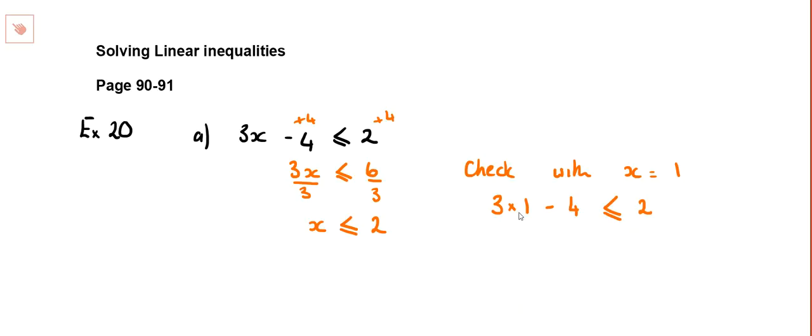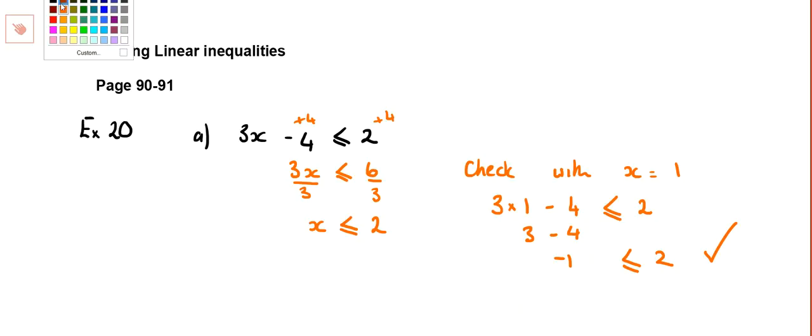It should do. So 3 minus 4, well that's minus 1. Is it less than or equal to 2? Yes it is, I'm fine. Like I said, do that in your head, do that on paper, whichever one you feel. Alright? Happy with that? Okay.